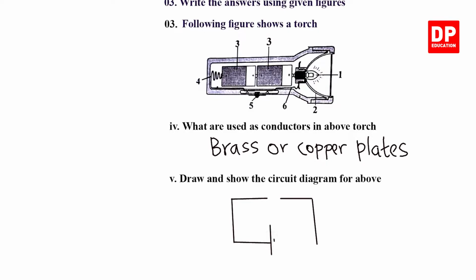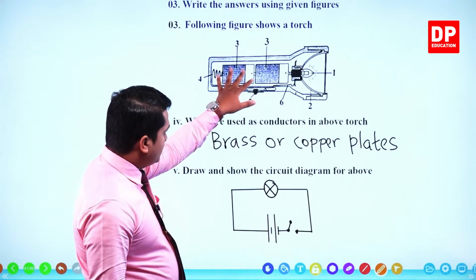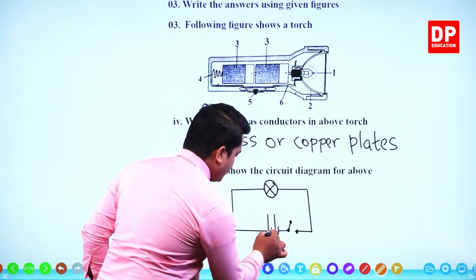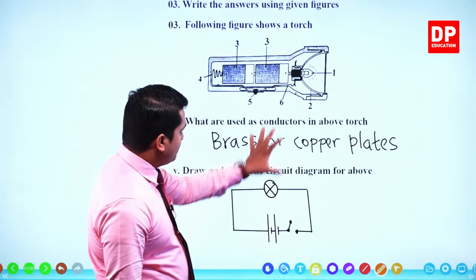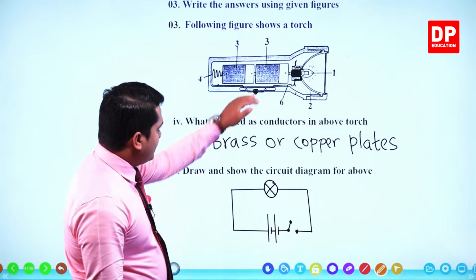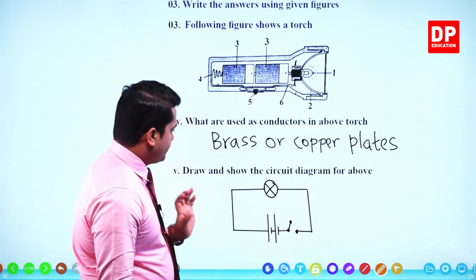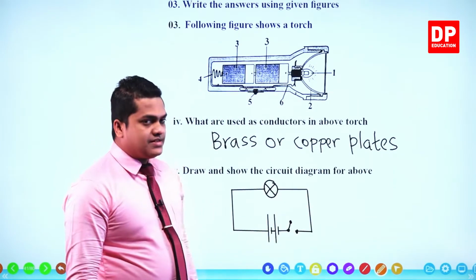Two dry cells, a switch. This is it. The switch, number 5 in here, the dry cells here. So you know that you have to interconnect these. Then the bulb, the torch bulb in here. And the connectors. So it's a very simple circuit.